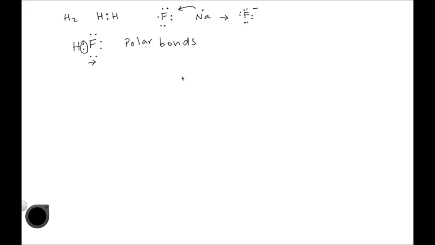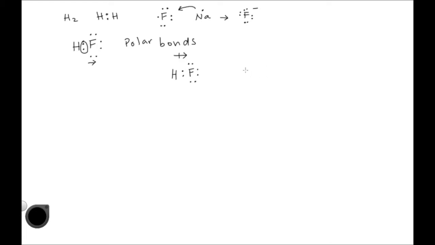If we draw our hydrogen fluoride molecule once again over here, we draw an arrow above the Lewis structure with a line down the middle, and that's how we represent electronegativity.